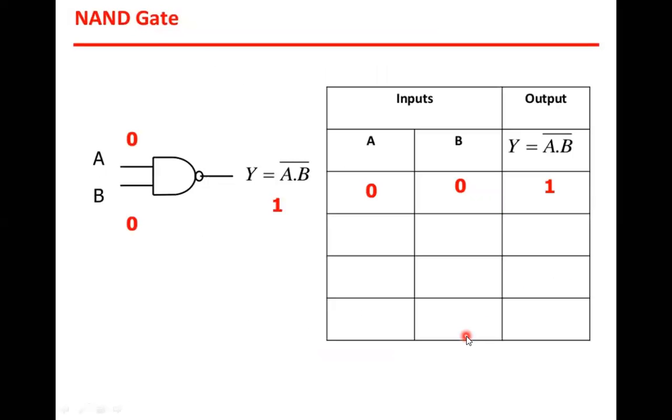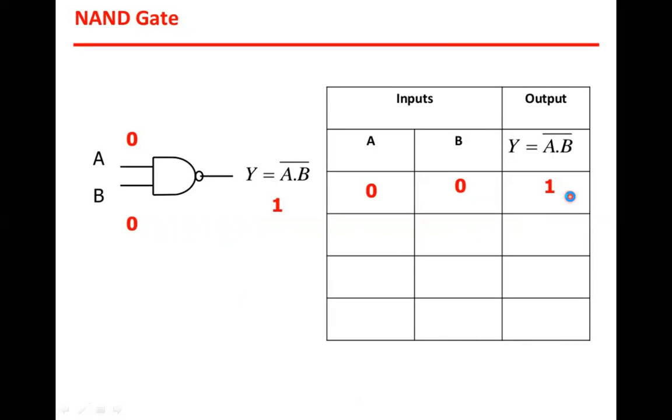Let's understand the truth table. Now what is happening if I give 0 and 0? What is the output? This is A dot B whole bar. So 0 dot 0 is 0. Zero's bar is 1. So if I give input 0 and 0, the output is 1.